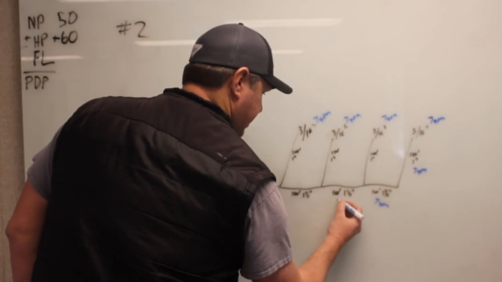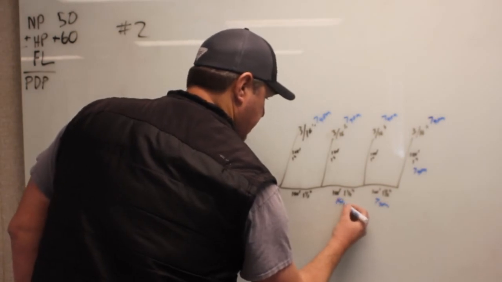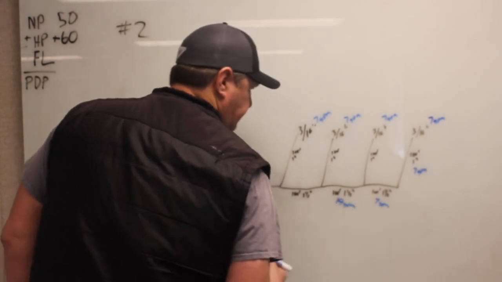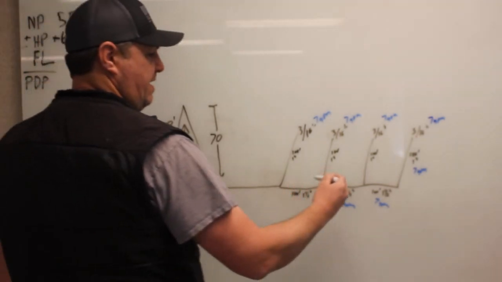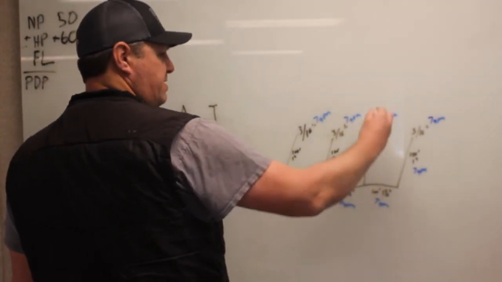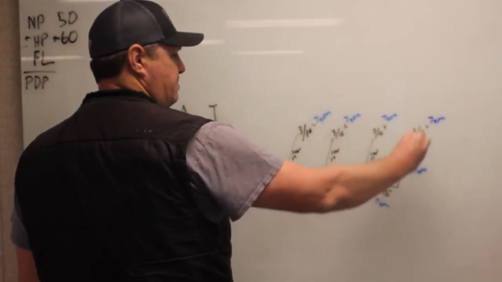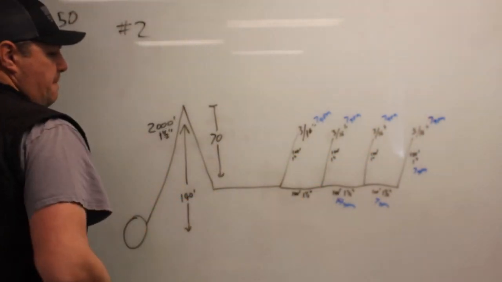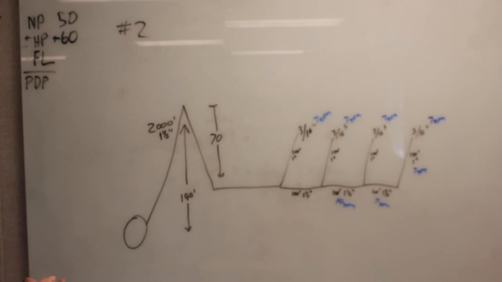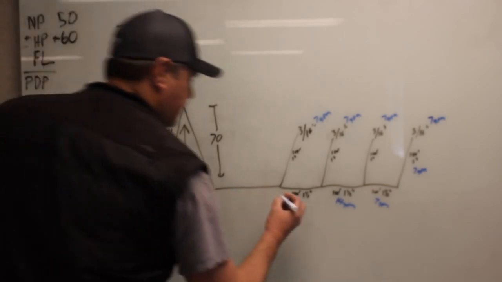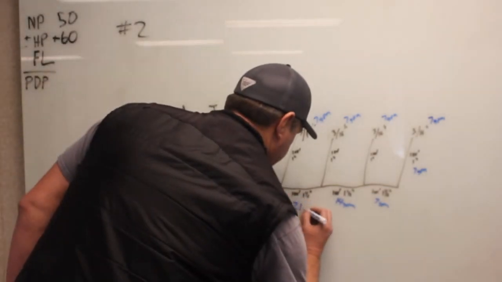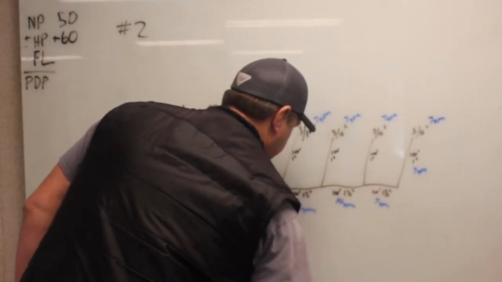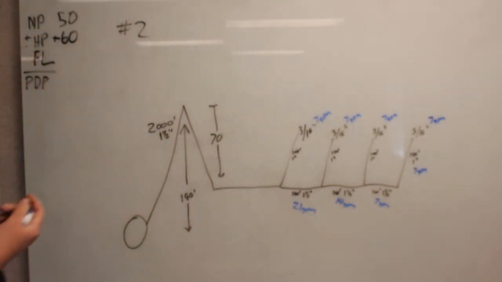Next piece, 1.5-inch hose, I have 2 lats that it's feeding. So that'd be 14 gallons per minute. All right, and 14 gallons per minute flows through this hose, 7 comes out, 7 keeps going out to the end. All right, so I back it up one more time. And the next piece of 1.5-inch hose has 21 gallons per minute.